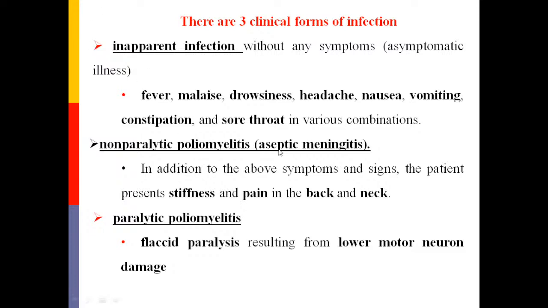This form is also called aseptic meningitis. Aseptic because it doesn't cause sepsis, without purulent focuses in the brain, but it is meningitis. It's inflammation of the meninges in the brain. Meningitis is characterized by such clinical symptoms as stiffness in the neck.